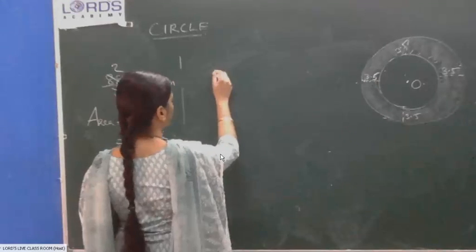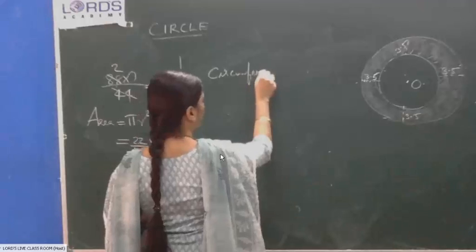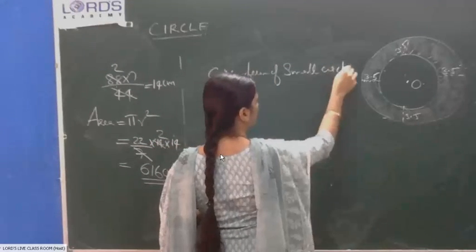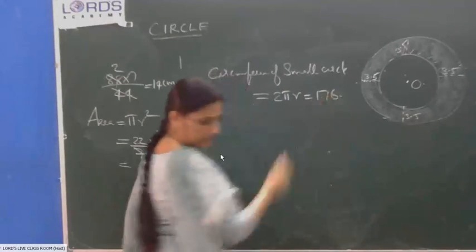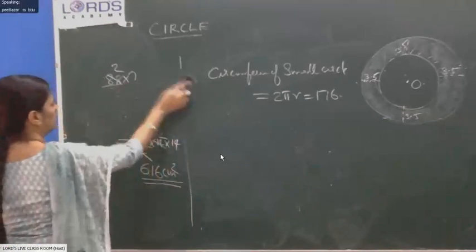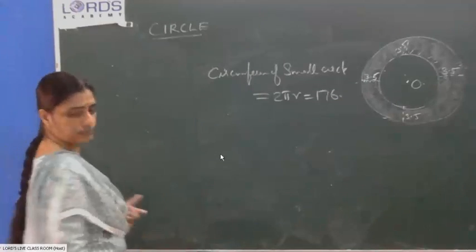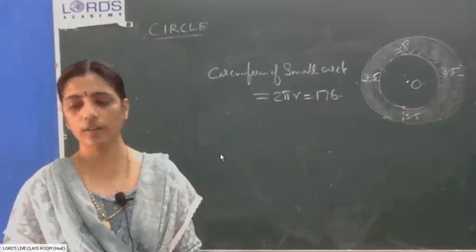You write circumference of small circle equal to 2 pi r. That equal to 176. From that, all of you get the value of small r.